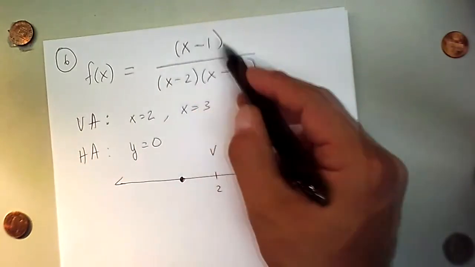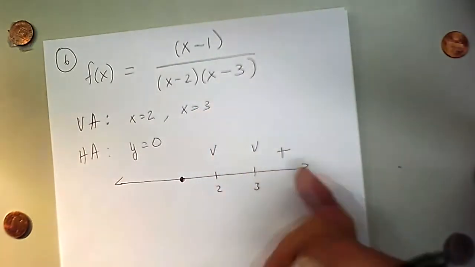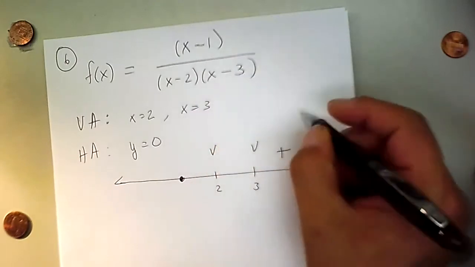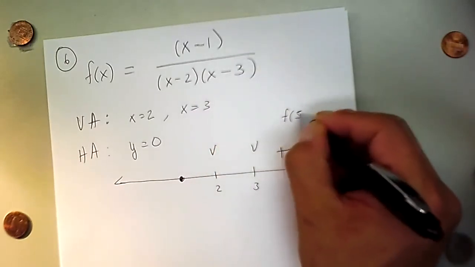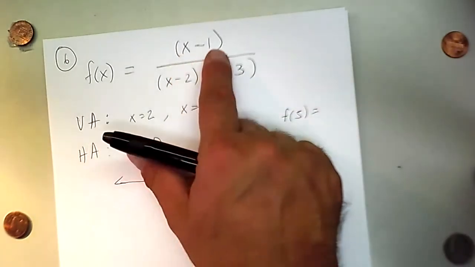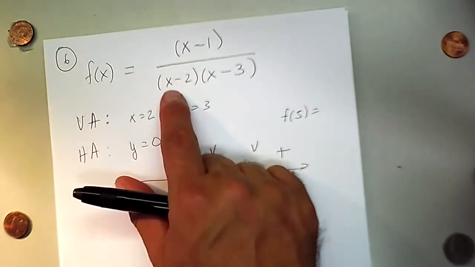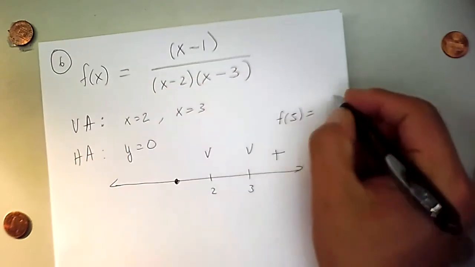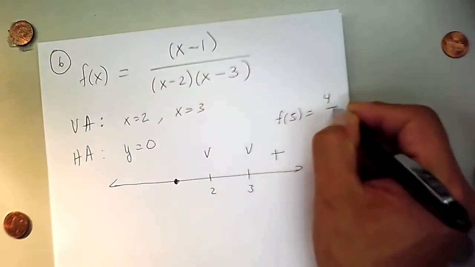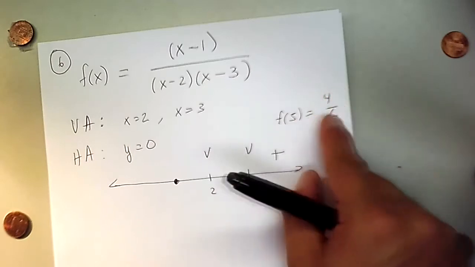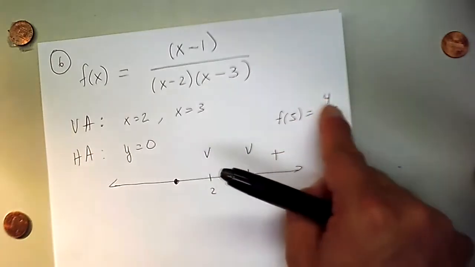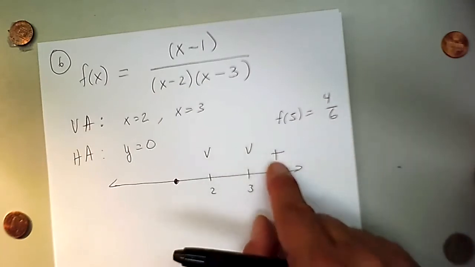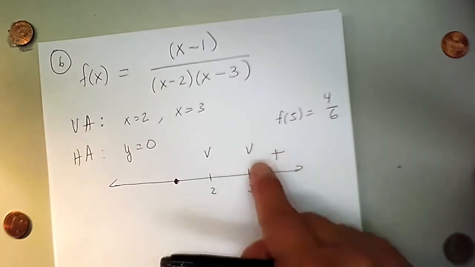I just picked a number at random past the 3. 5 seems like an easy number. If I find f of 5, we get 4 divided by 3 times 2, 6, which is 2/3. The important thing about this number is that we have a positive output. So the output is always going to be positive past the 3.